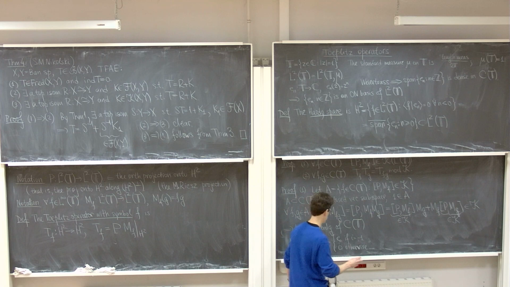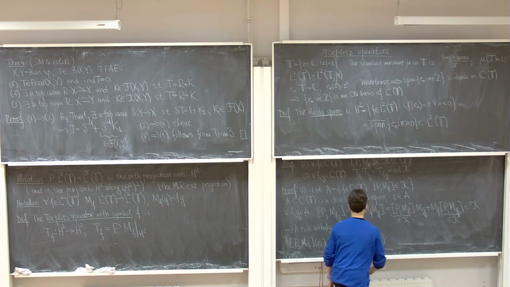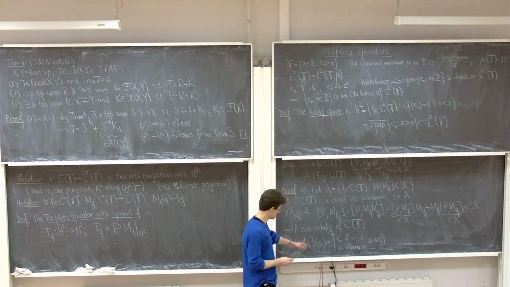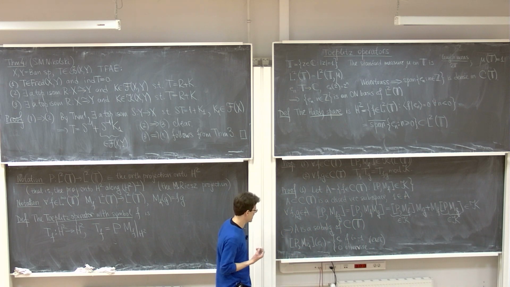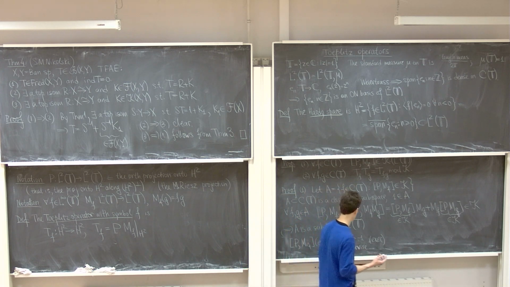This is a little exercise for you, just an elementary computation. So we see that this commutator is a rank 1 operator. Its image is one-dimensional.